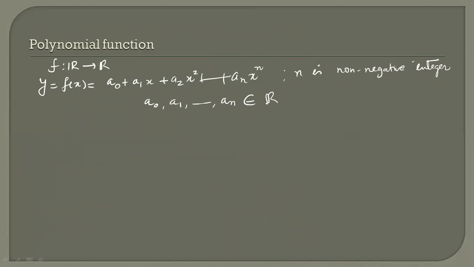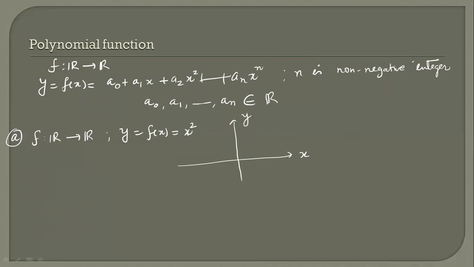Let's see some of the famous polynomial functions. First is the parabolic or quadratic function. I am taking y equal to f(x) equal to x squared. If you draw the graph of f(x) equal to x squared, for every value of x you will get y positive.